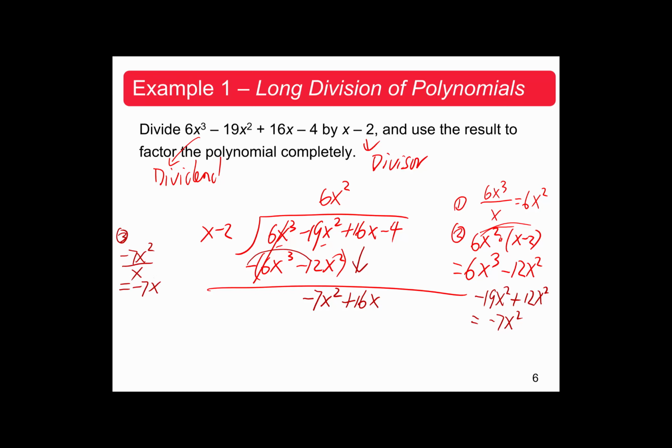And negative 7x is what we put up here. Similarly, you multiply negative 7x by x minus 2. Distribute it, you get negative 7x squared plus 14x. That's what we put down here.